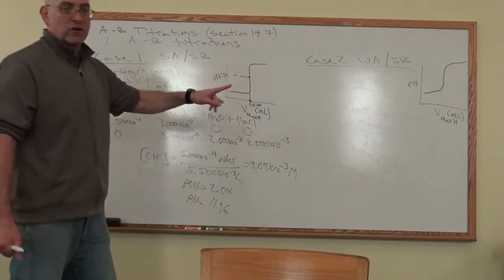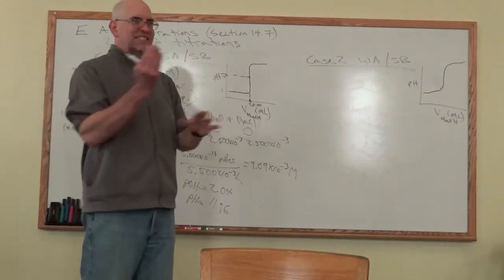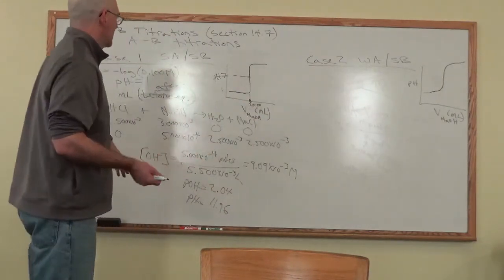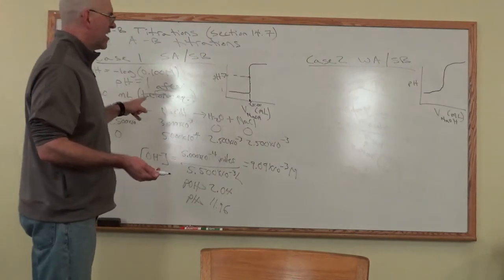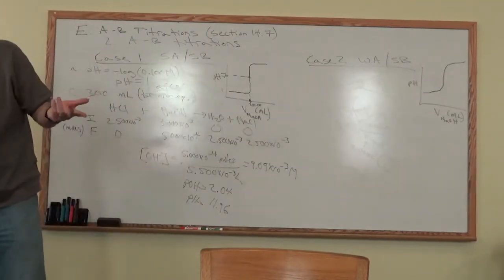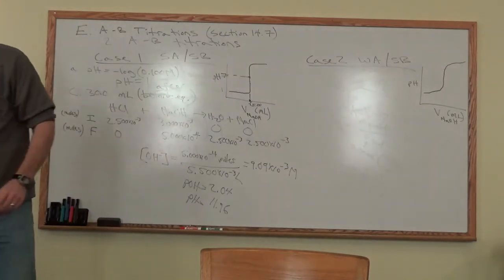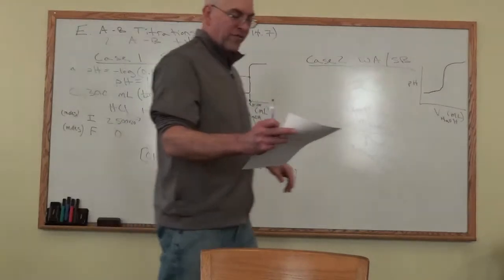Okay, let's switch over to weak acid, strong base. Again, in lab, you're doing the exact opposite. Okay, I'm going to leave that there for now until I need the space. A couple of vocabulary terms that I can give you. The last video talked about buffers.